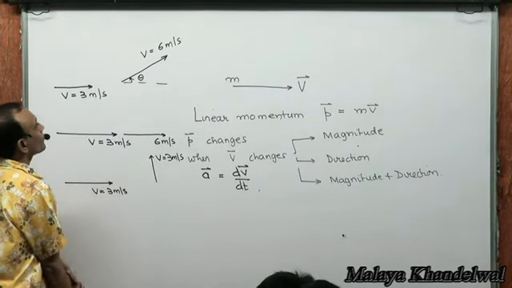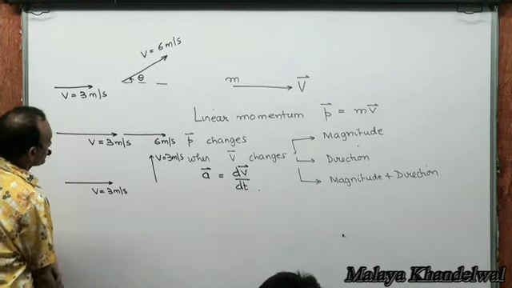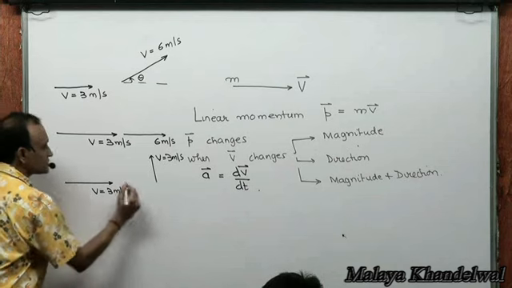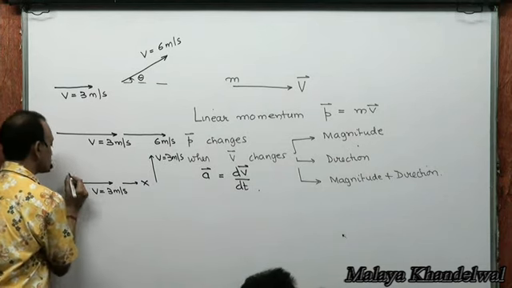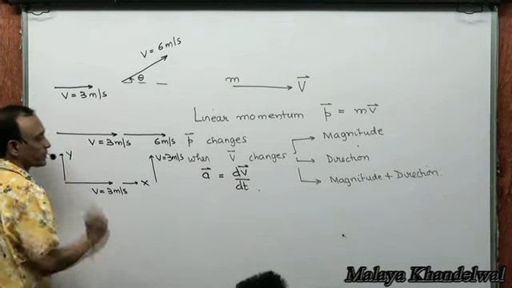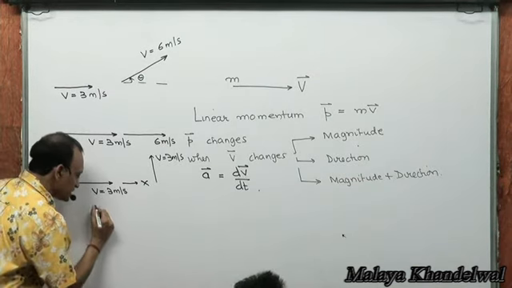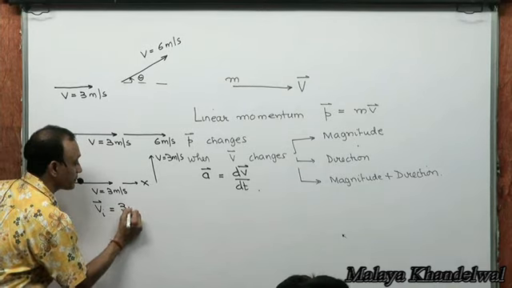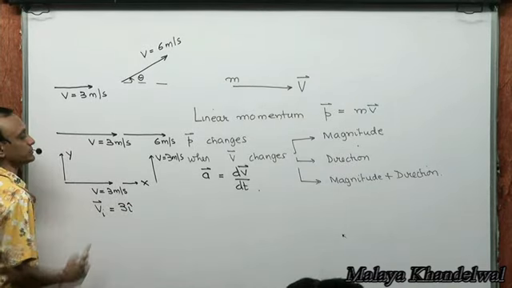Now, say in this case, let me say this was the x direction and this was the y direction, right? What was the initial velocity vector? Can you tell me? 3 i cap. 3 i cap was the initial velocity vector.